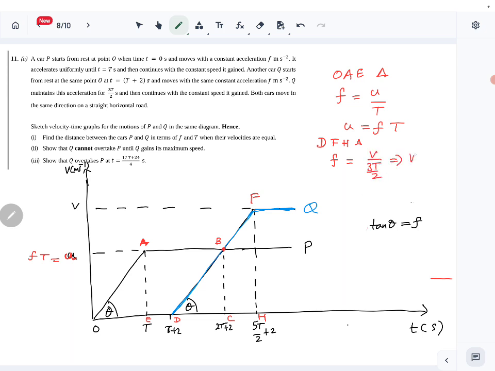So V is equal to 3fT over 2, right? So this is 3fT over 2. Okay, now let's see.